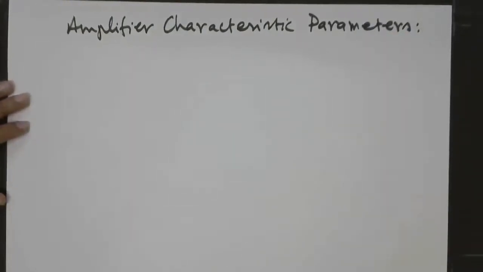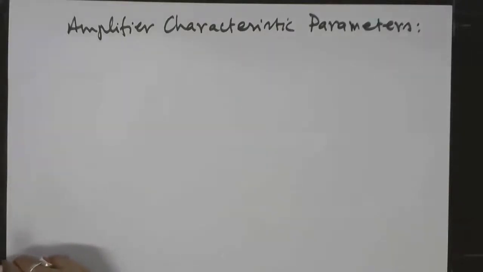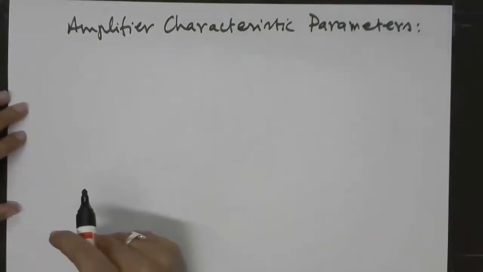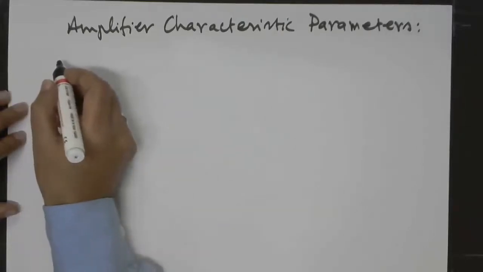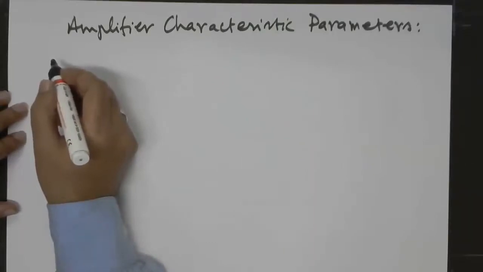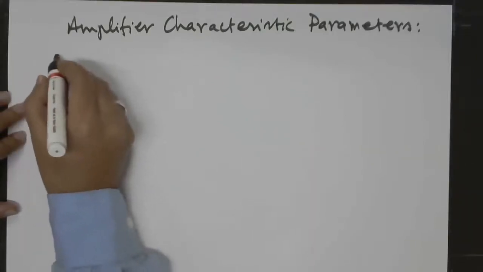So given an amplifier, there are many parameters which are used to characterize it. That means the user will be interested in all those parameters. And the list is actually very long, but we will mention only some of the prominent ones. And out of them, only a small number we will study in this course. But in general, any system has many parameters which as a designer you will have to pay attention to, or as a user you will be interested in having all those values.